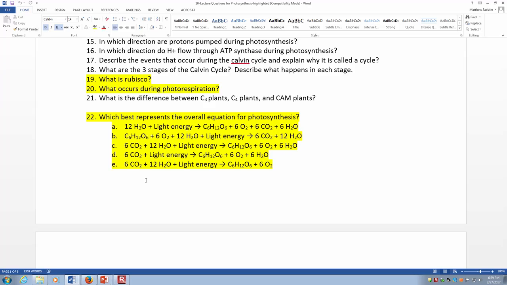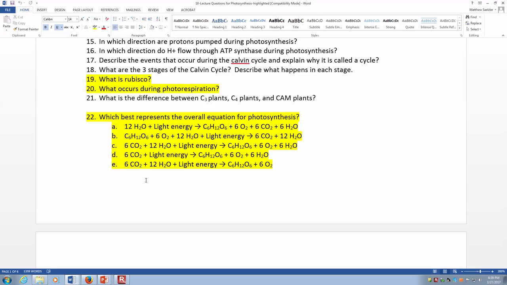Okay. Let's talk about the roles. What's carbon dioxide's role in photosynthesis? No, that's not the role of carbon dioxide. What's that? Doesn't it get pumped there to keep ATP going?